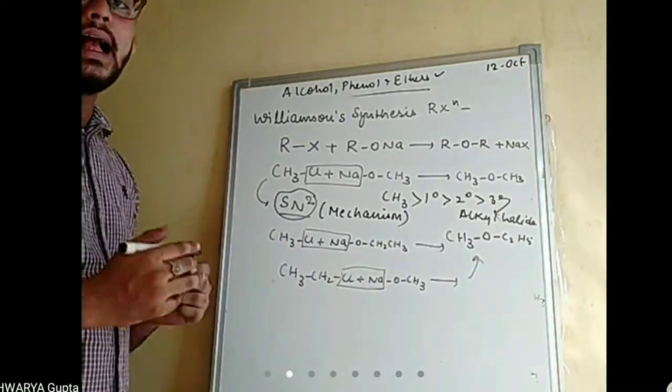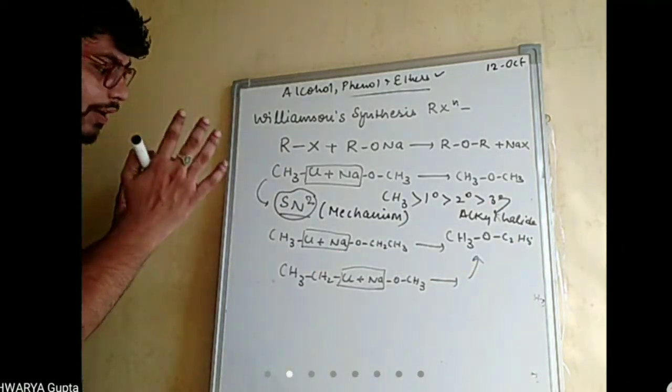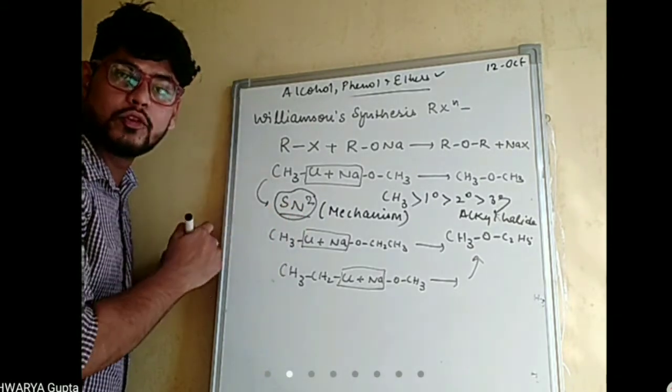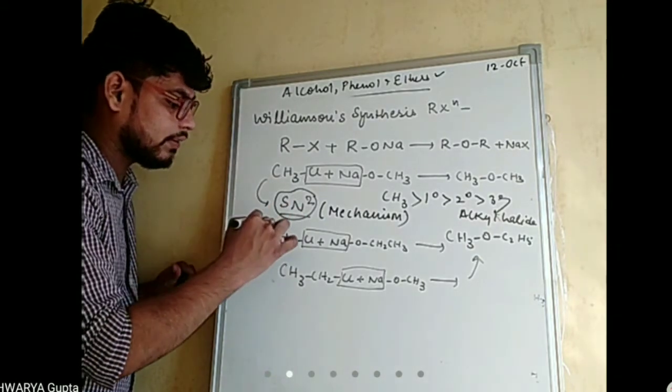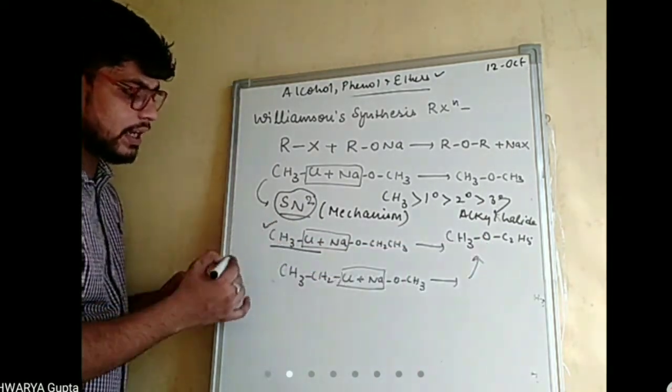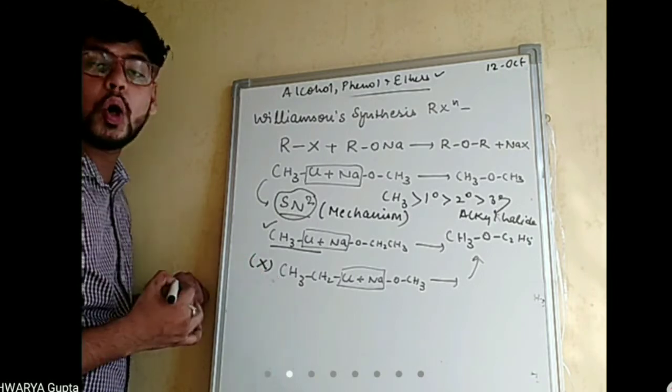So we will go for the process in which the alkyl halide is smaller. That is this reaction. In order to form this product, this reaction will be the correct one and this will be the wrong one.